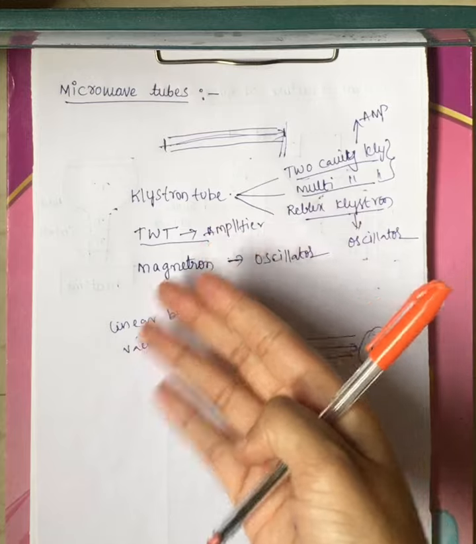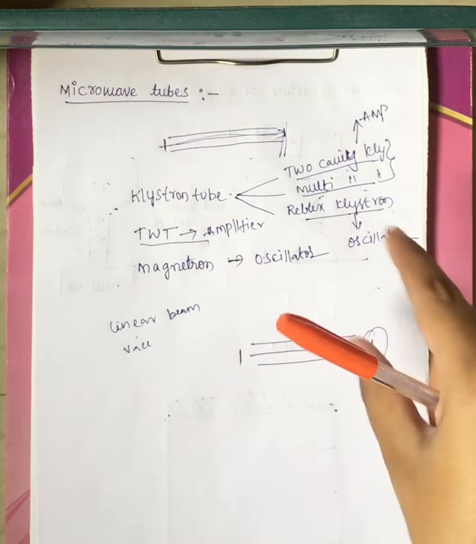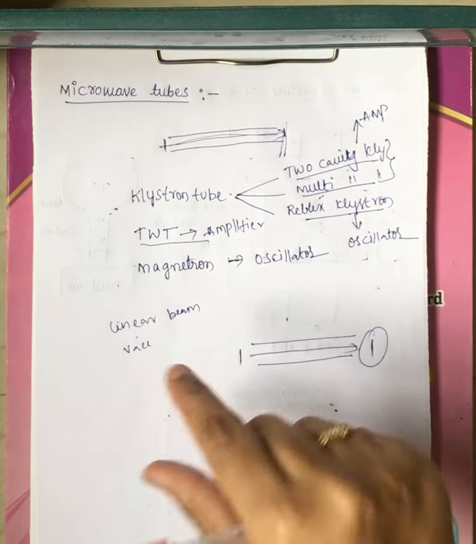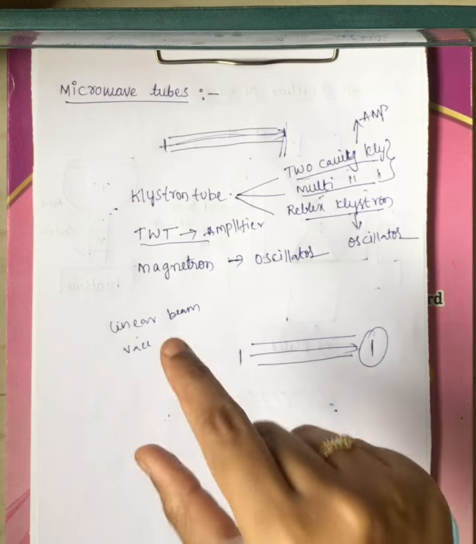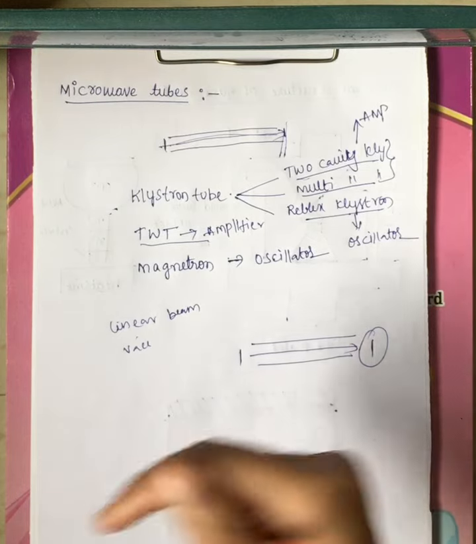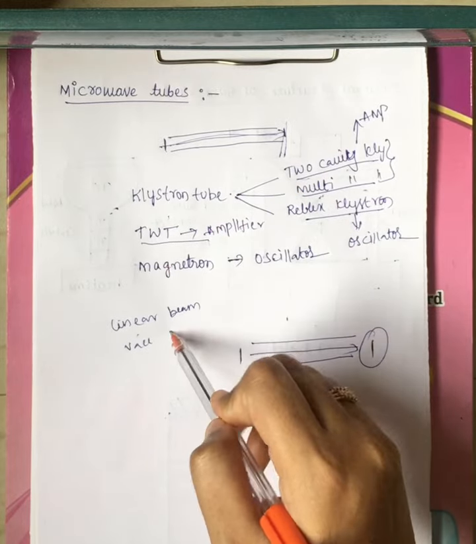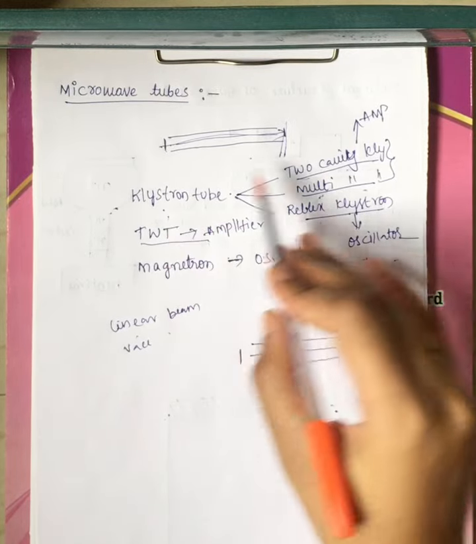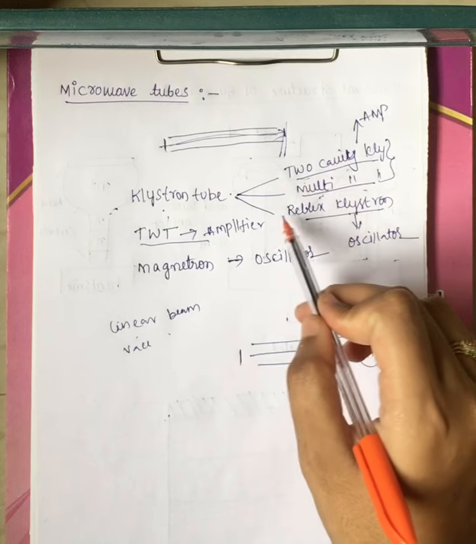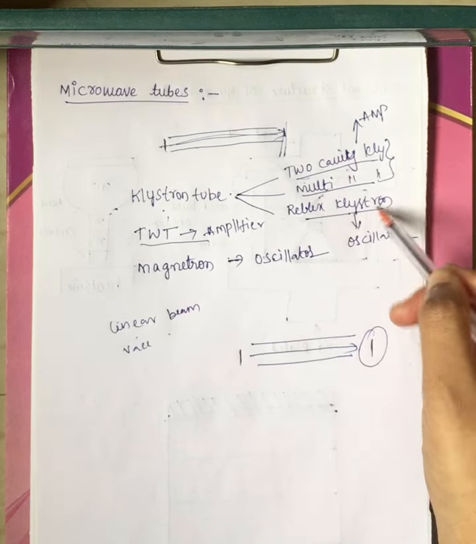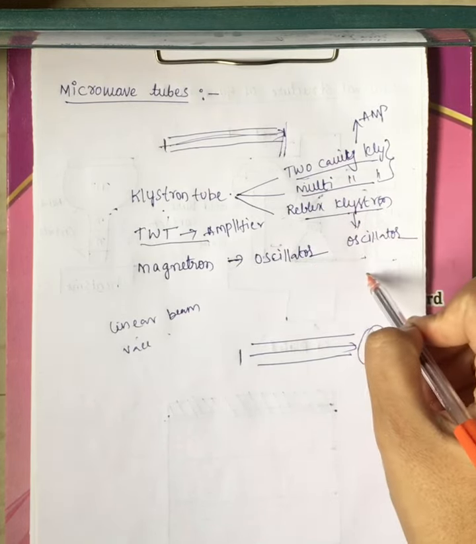All klystron, TWT, and magnetron contain a tube through which the electrons travel from cathode to anode, right? In your syllabus you have klystron, TWT, and magnetron. Under klystron, two cavity and multi cavity klystron are amplifiers, and reflex klystron is your oscillator.